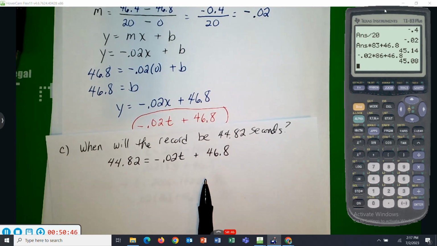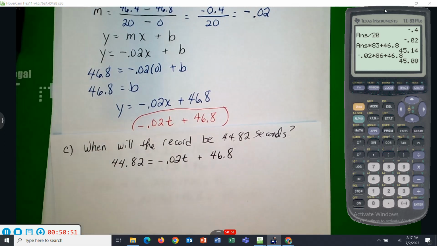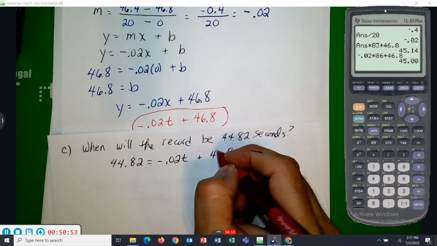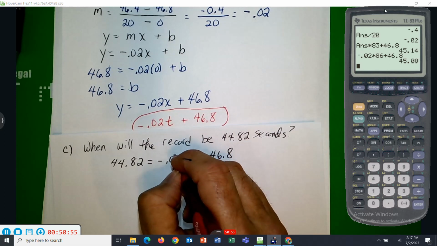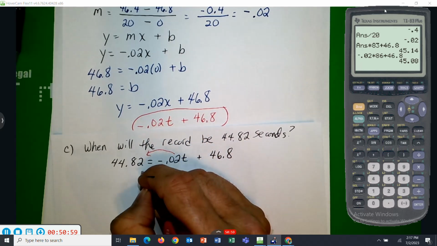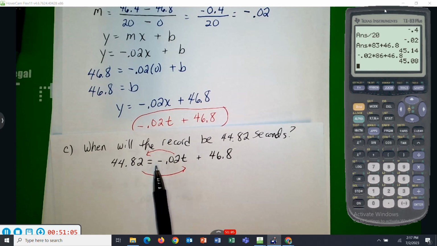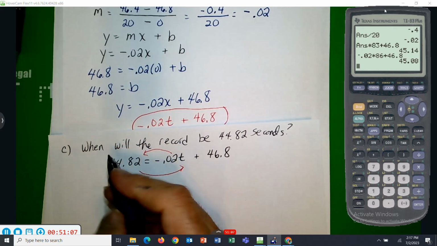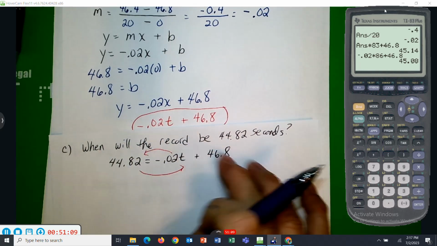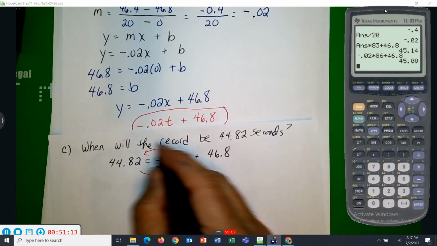Well, first thing I would do, let's move. You know what I think I'm going to do? I'm going to get rid of all these minuses. If you don't mind the negative in front of the 0.02, then you could just isolate by moving the 46.8 over. I'm going to do it like this.